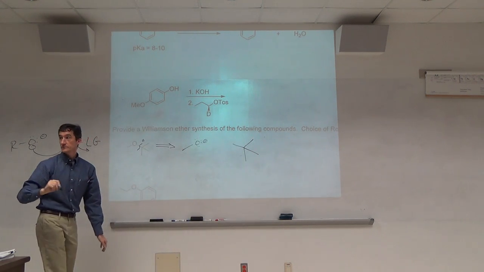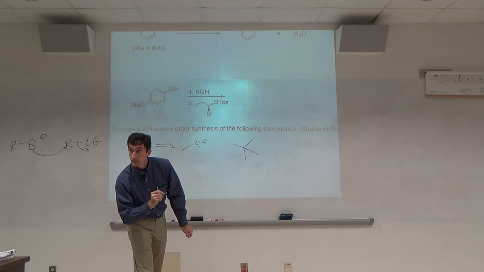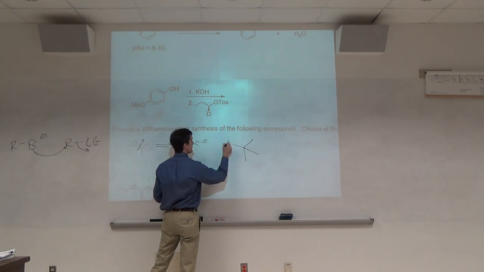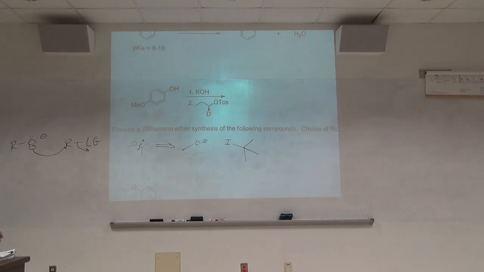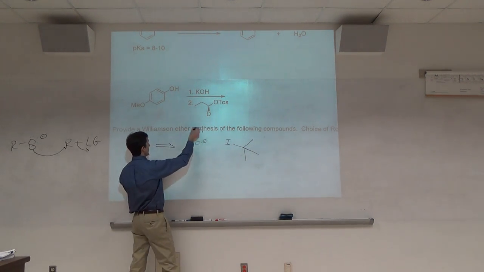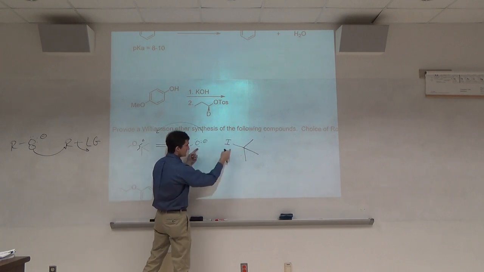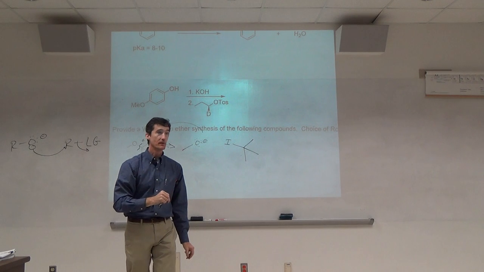What's your favorite leaving group, so? Iodide? Sure. Put a leaving group on there. And then we could say, coming forward, oxygen could bond to carbon, kick off the iodide. You're shaking your head no. Good.